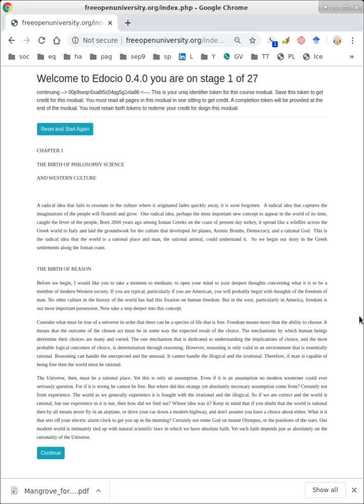Now, you may not agree with the content of the textbook, but a professor wrote it. And what we will confirm is that people read it once we have the software engaged so that it is actually making you verify that you read it. Because Free Open University's introductory course is God, Science, and Reason.